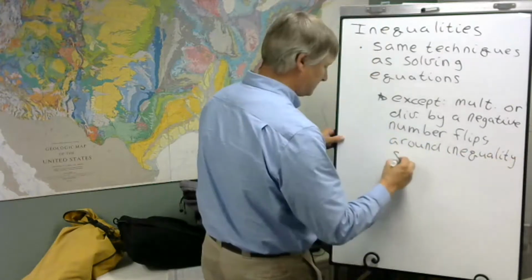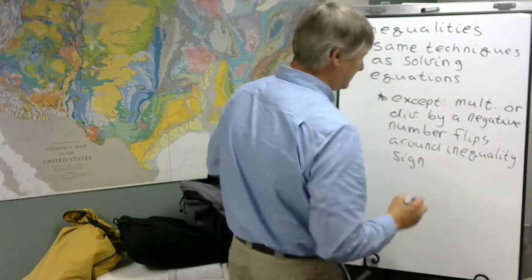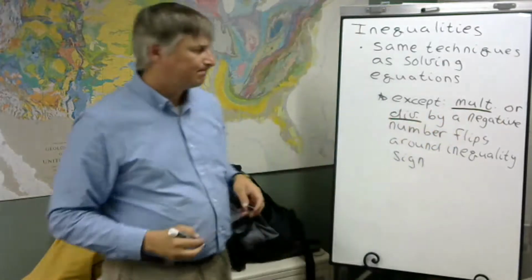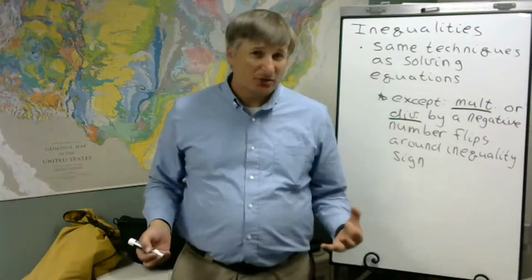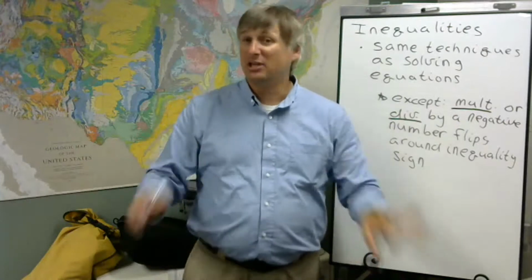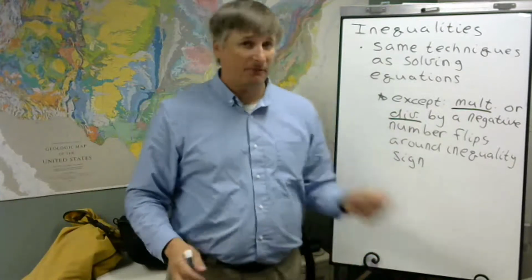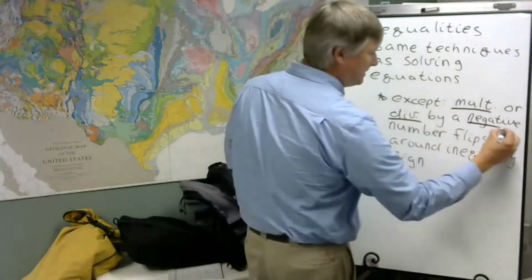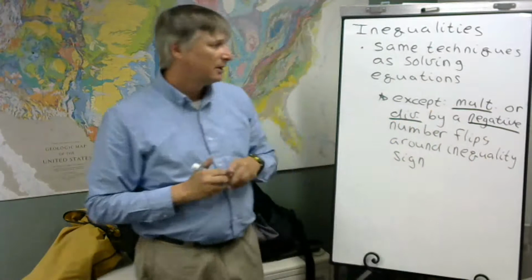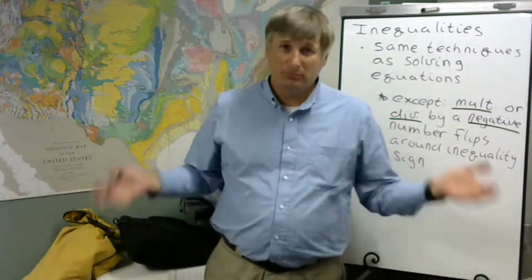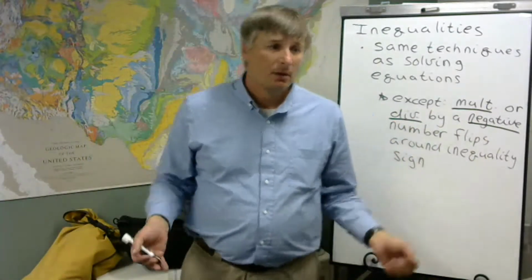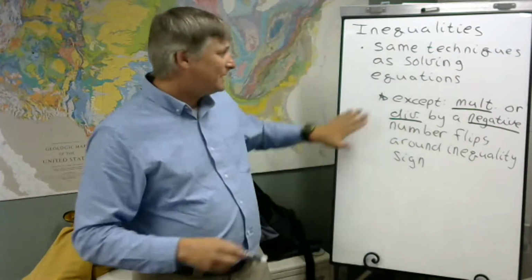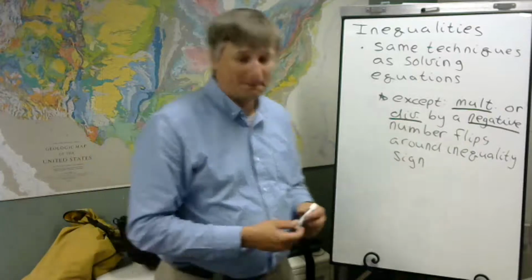And it's only multiplication, only division. Addition and subtraction of negative numbers is totally fine. It doesn't change anything. It will not flip around the inequality sign. Only multiplication and division of negative numbers. If you multiply and divide by a positive, it won't affect the inequality sign. But if you multiply and divide by a negative, it will. So that's the one difference we're going to keep an eye out for.